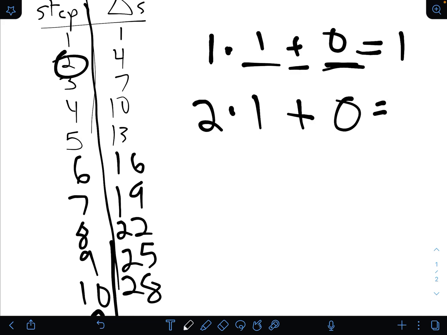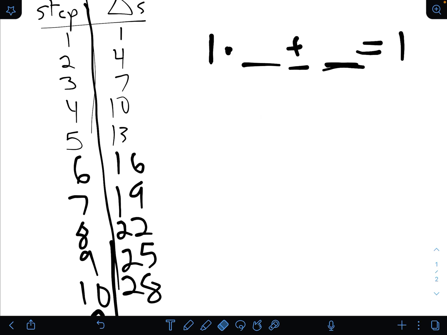Okay. This is tricky. Well, what if I just want to subtract? What if I do 1 times 2 minus 1? Well, that's 1. Okay, remember, I'm getting this 1 here because that's the step number. So for this one, it's step 2.